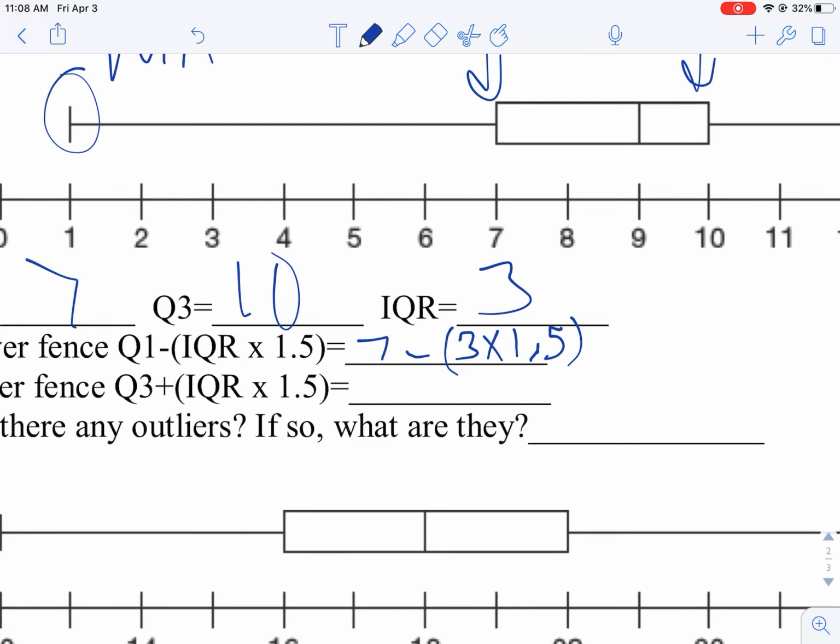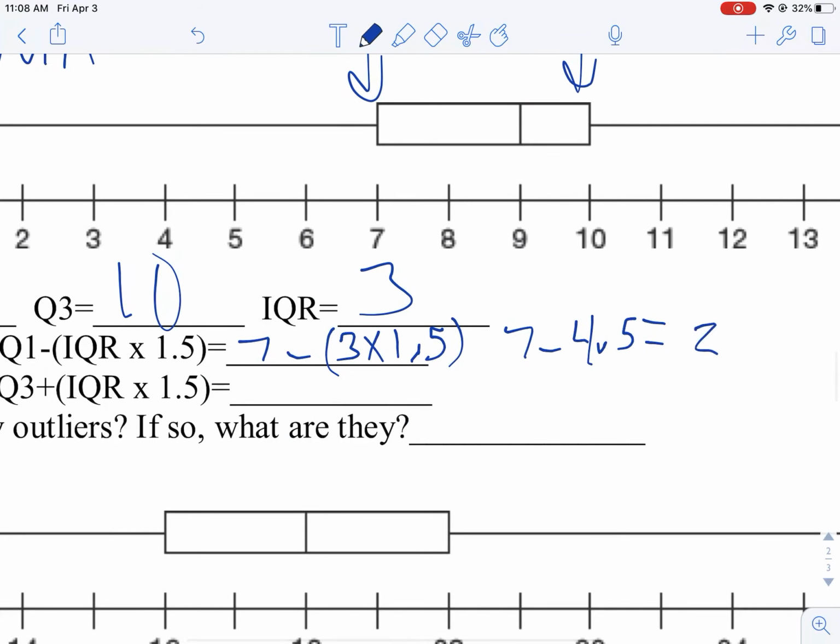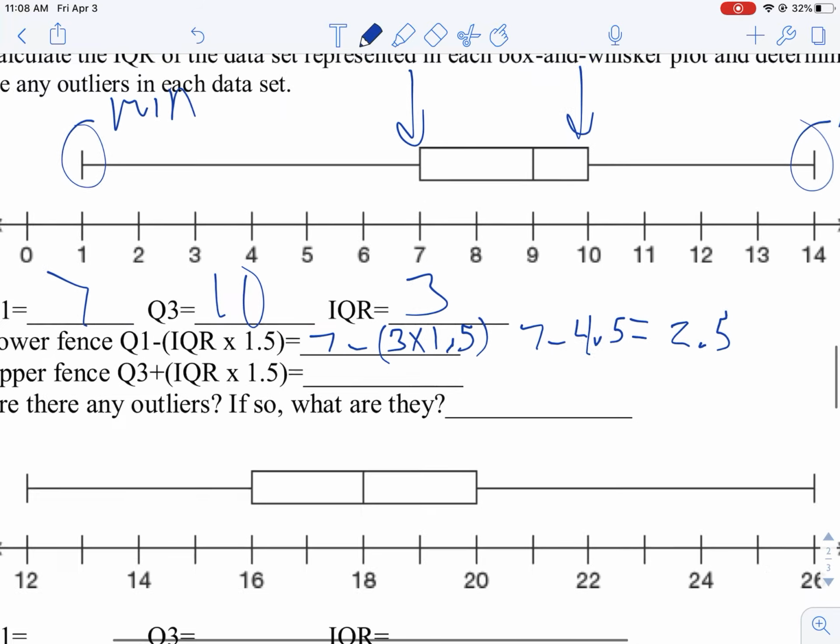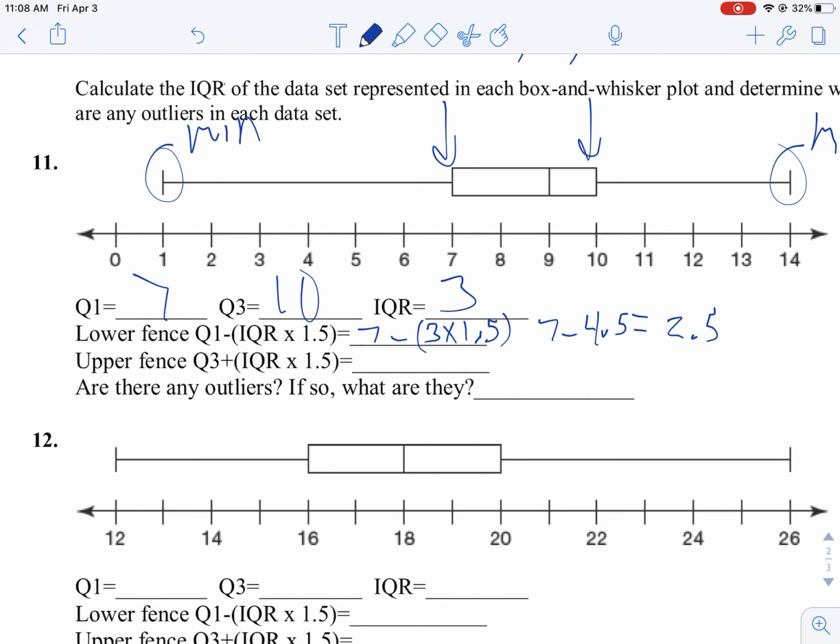Well, last time I checked, that's 4.5. So I'm going to go 7 minus 4.5. And that's 2.5. Okay? So that's my lower fence.